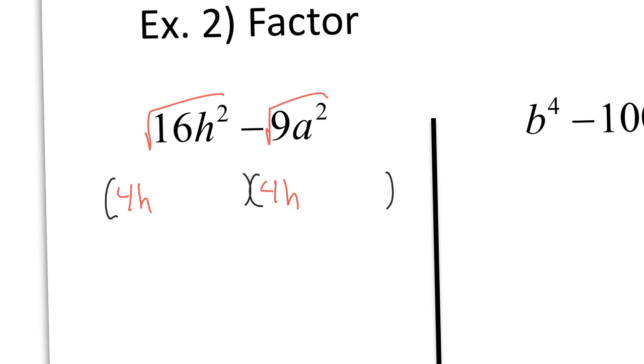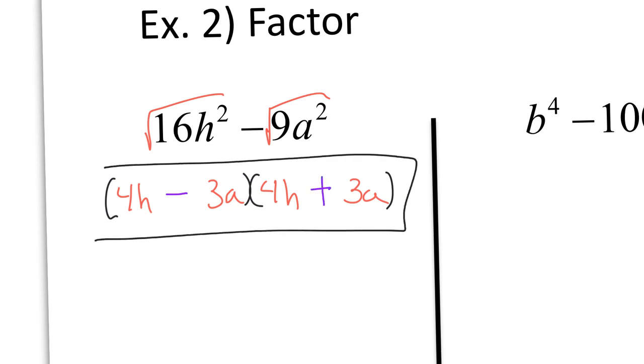I'm going to take the square root of 9a squared. So the square root of 9 is 3, and I'm going to put an a and 3 and an a. When you multiply, guys, make sure that you get that 9a squared. 3a times 3a, that's going to be 9a squared. 4h times 4h, that's going to be 16h squared. I need my signs, one negative, one positive, and we got the answer.